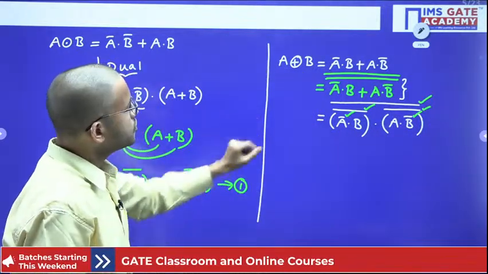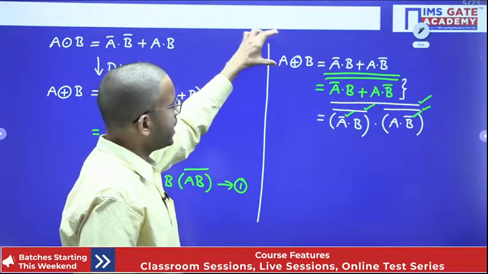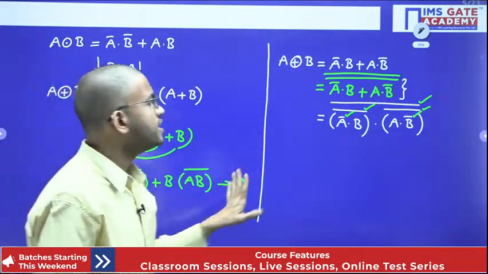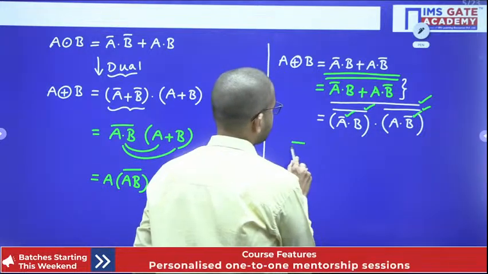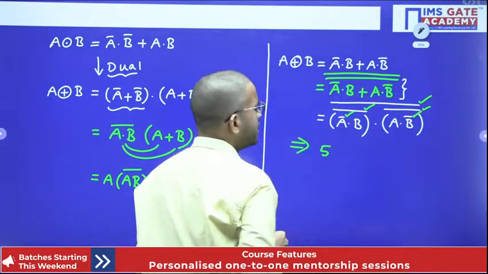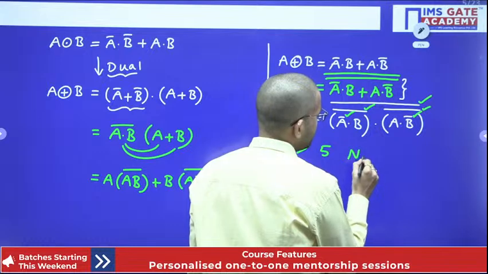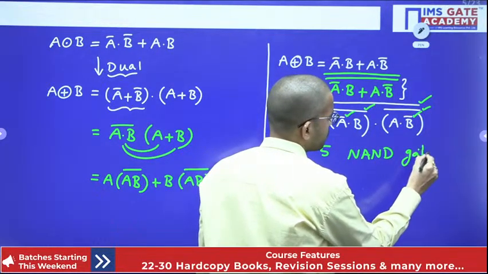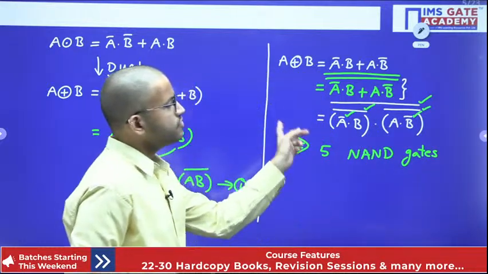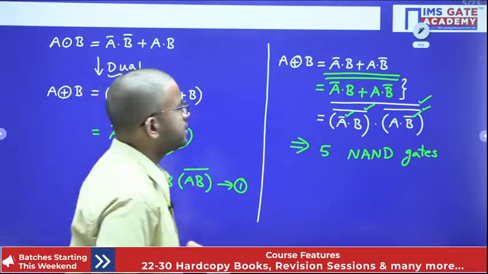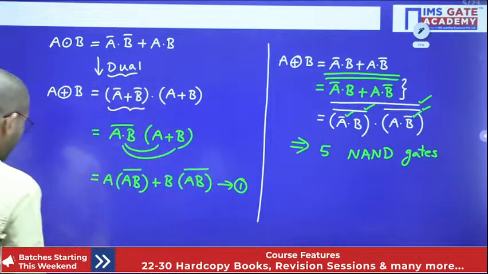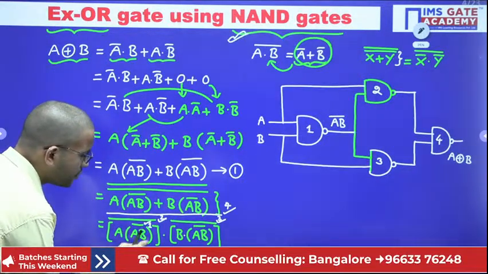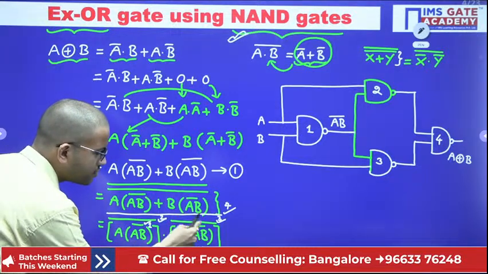So if you want the A XOR B expression directly, we can implement it with 2 input NAND gates, but we require 5 NAND gates. Why do we get the fifth NAND gate? It is very simple. Just observe the previous expression. Here in this term AB bar is there, and in this term also AB bar is there.